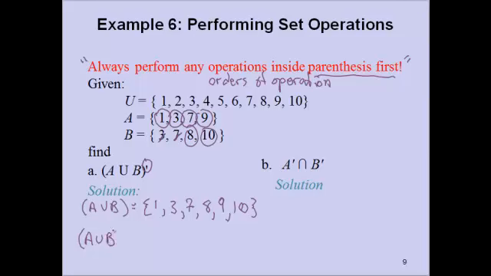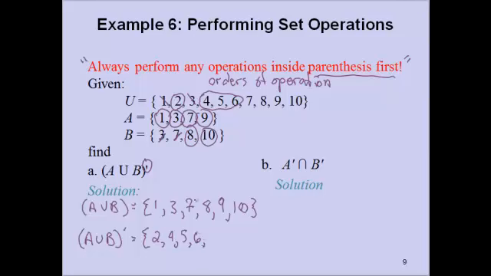So A union B's complement is everything not in this set, but still in the universal set. As I look, 1 is in the universal set, 2 is in the universal set, but not in A union B. 3 is there, 4, 5, and 6 are not, so we want to write 4, 5, and 6.